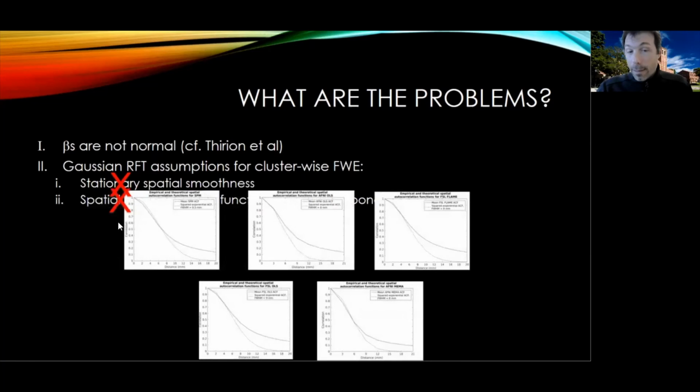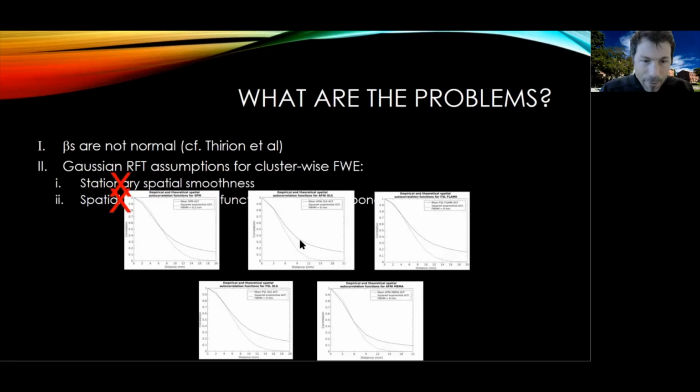And it doesn't even matter what software you use. This pattern is true of every software. If you use SPM, you can see that the full line, right down here, shows way more correlation among distant voxels than you're assumed to have.